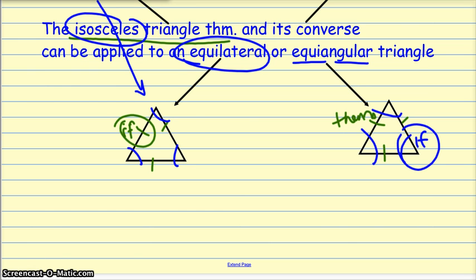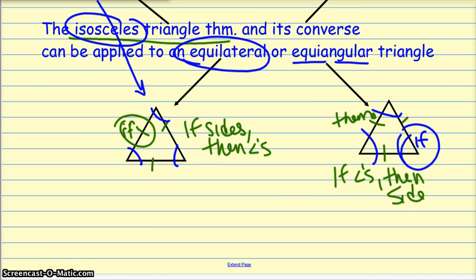So the idea of if sides, then angles. And over here we have if angles, then sides. So the theorem works for equiangular, equilateral, and isosceles triangles. That concludes lesson 3 of unit 4.